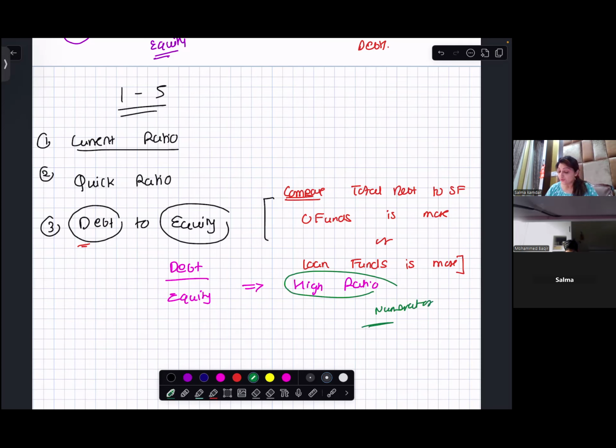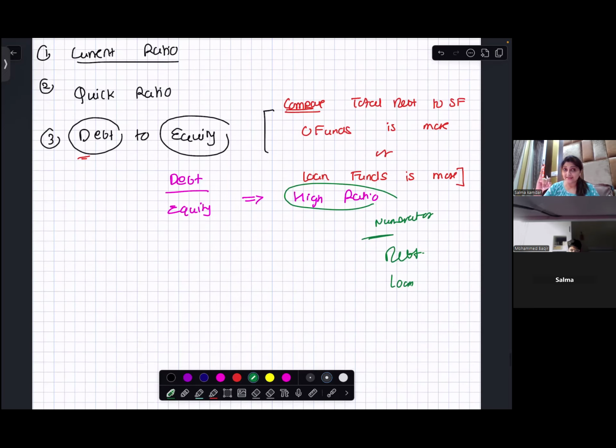If you have a high ratio, it means it is going to talk about your numerator, which is your debt, your loan. That means your loan is more and equity is less. So we did current ratio, quick ratio, debt to equity.